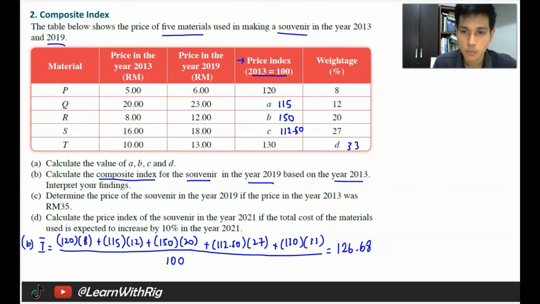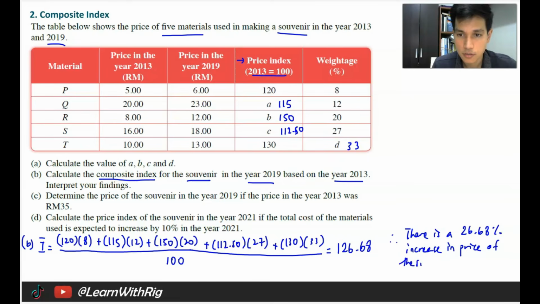So what does this 126.68 mean? It means there is a 26.68% increase in price of the souvenir in year 2019 based on year 2013.